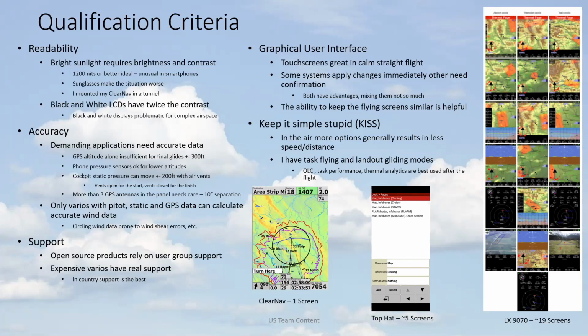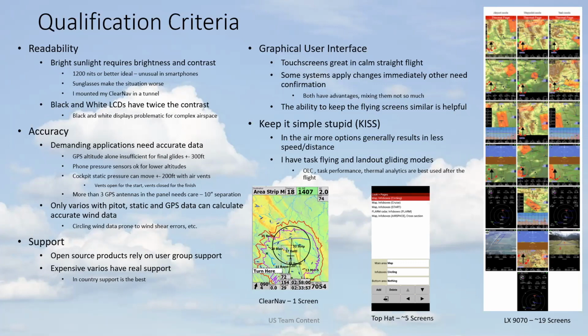So they can work in bright sunlight. However, I turn them all up fully when I'm flying, because I find that with my sunglasses on, they're nowhere near as bright as I want them to be unless they're turned up fully. So if you're looking at a particular PDA, e-reader, or a smartphone, and it says sunlight readable and it's got 600 nits, it's probably not going to work that great in the glider.